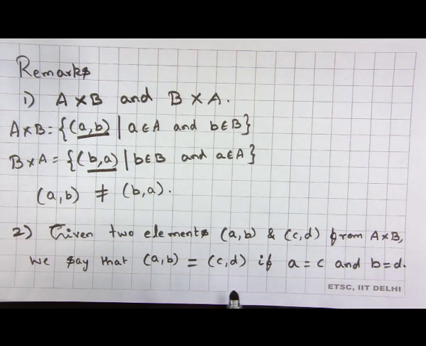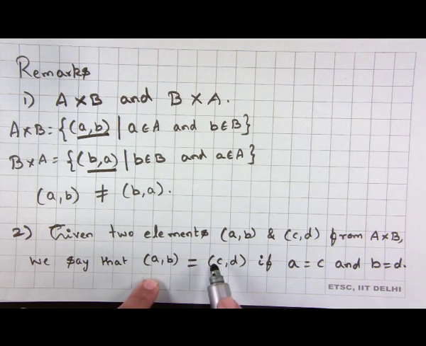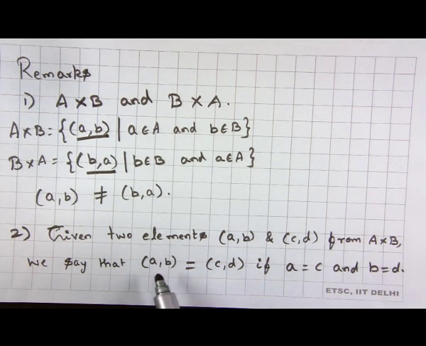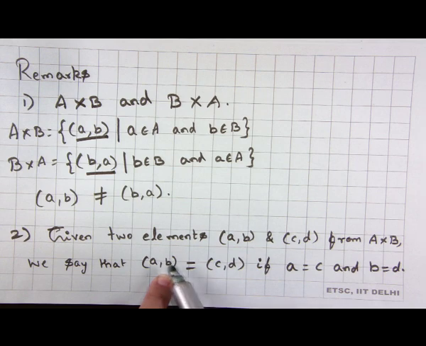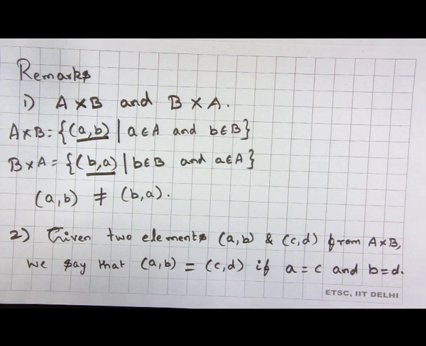So, what it says is that at every position the element should match. In the first position, on the left we have a and on the right we have c. Similarly, for the second position we have b and here we have d. If these match at every position, then we say that these ordered pairs are equal.